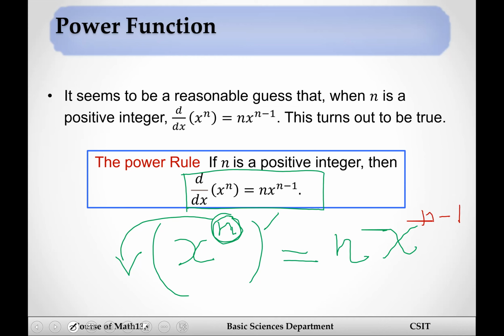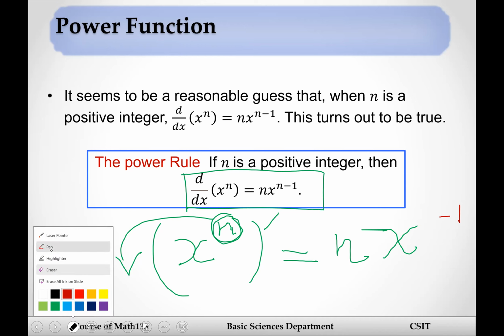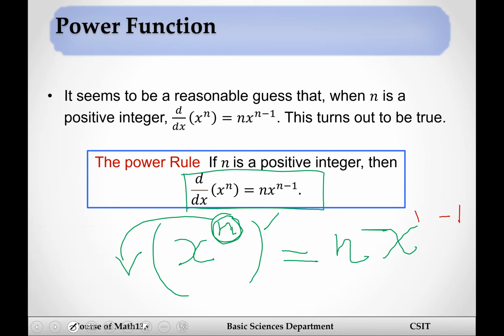That's the derivative of x power n. Okay, so we'll use this formula of the derivative of x power n a lot to compute some other basic functions.